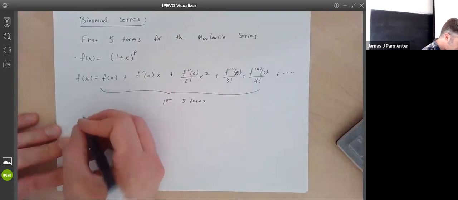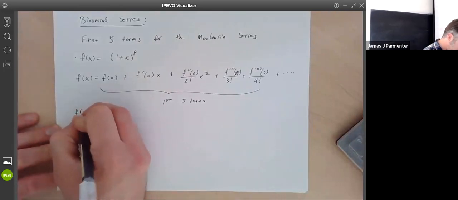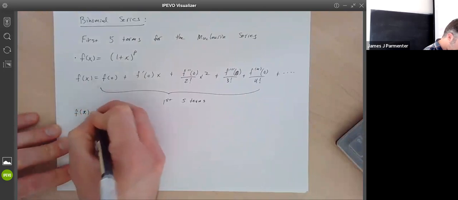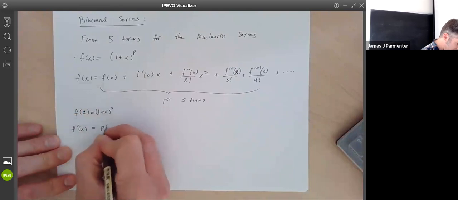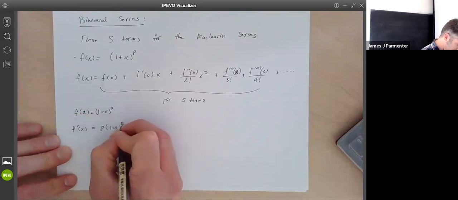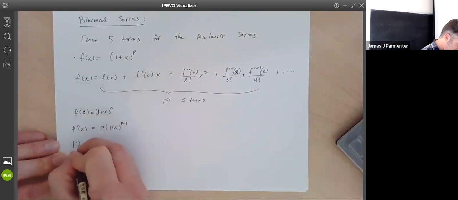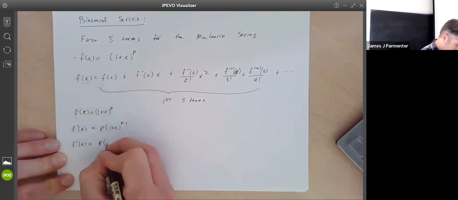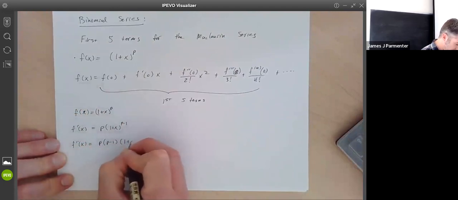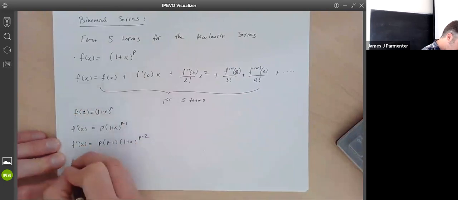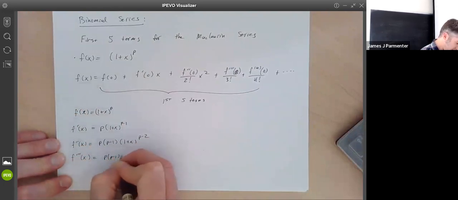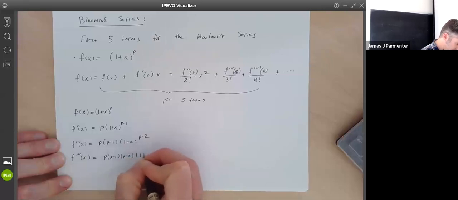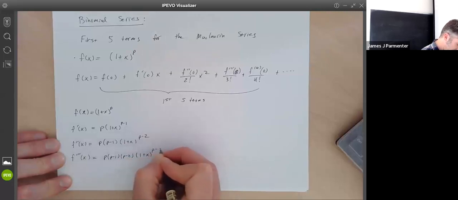So we know that f of x is (1 plus x) to the p. f prime of x is p times (1 plus x) to the p minus 1. f double prime of x is p times p minus 1 times (1 plus x) to the p minus 2. f triple prime of x is going to be p times p minus 1 times p minus 2 times (1 plus x) to the p minus 3.